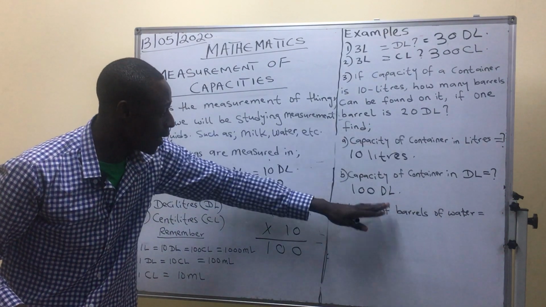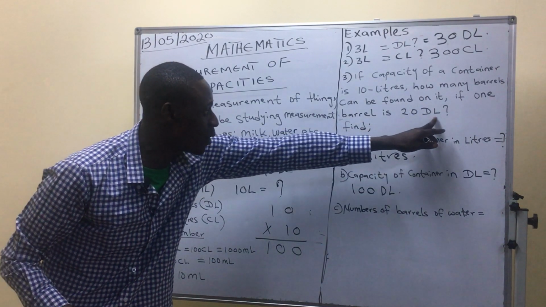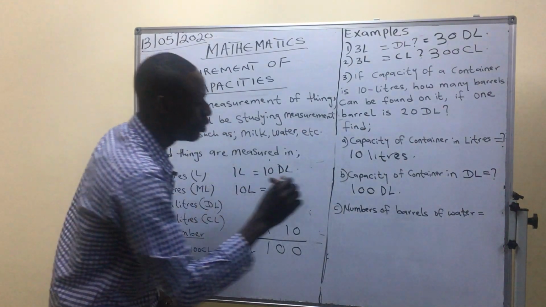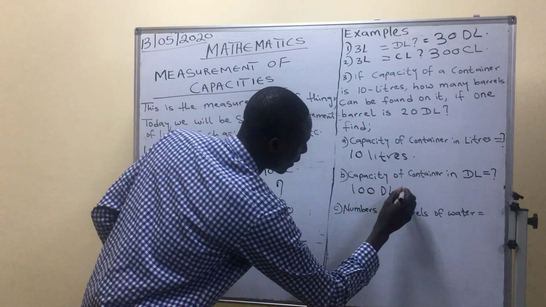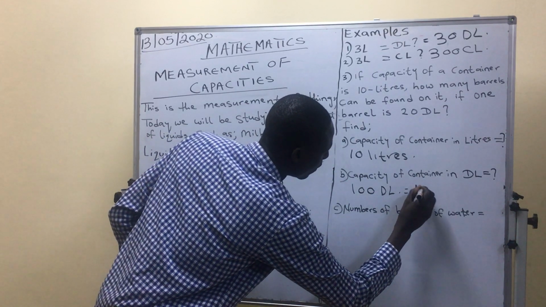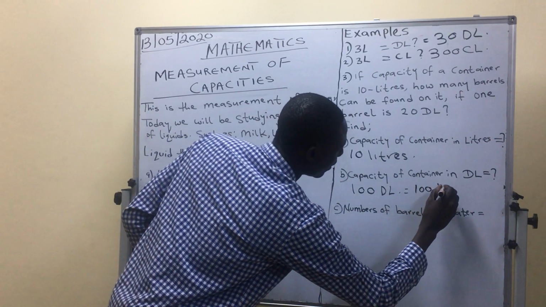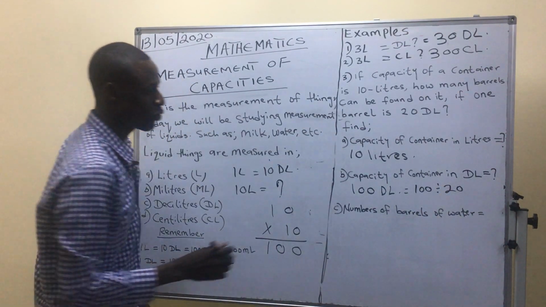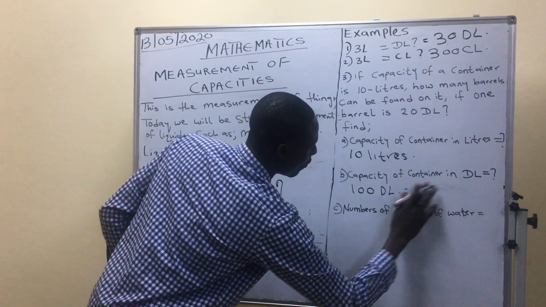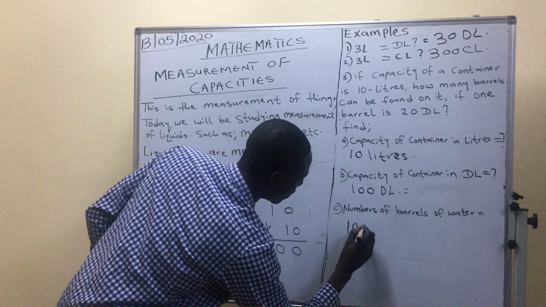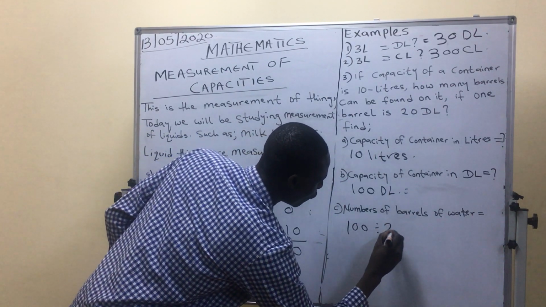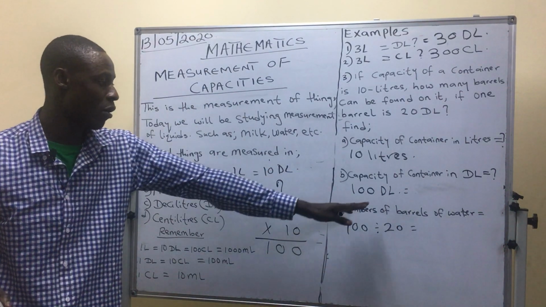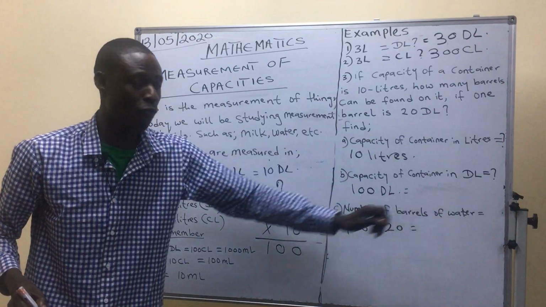Now that we have our deciliters, we have to find how many 20 deciliters we can have in 100 deciliters. It means you have to divide 100 by 20. So it will be the number of your barrels of water.